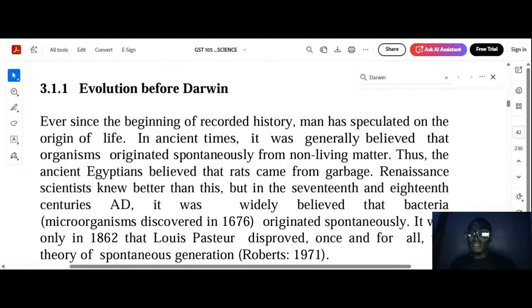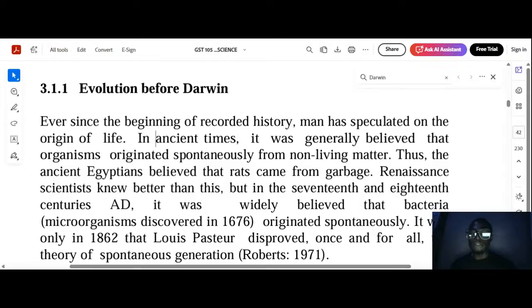Ever since the beginning of recorded history, man has speculated on the origin of life. In ancient times, it was generally believed that organisms originated spontaneously from non-living matter. First, the ancient Egyptians believed that rats came from garbage.